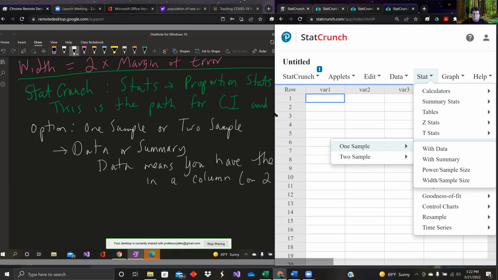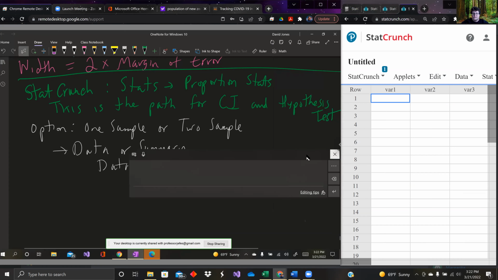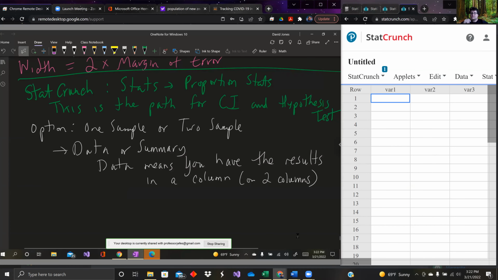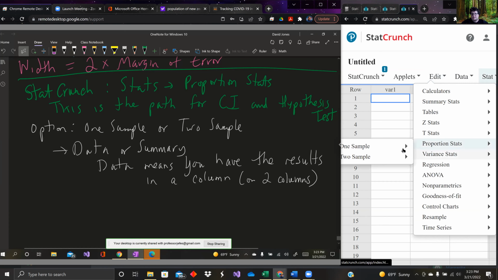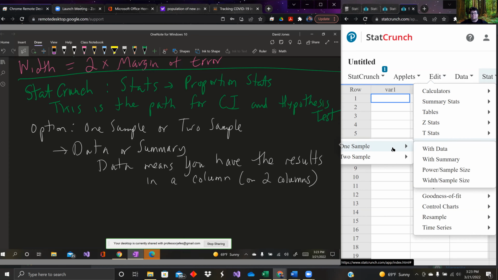I realize you can't see the right half of the screen, let's move this over. And summary means you just have the compiled results, like I gave you for Snapchat and COVID. You have n and p.